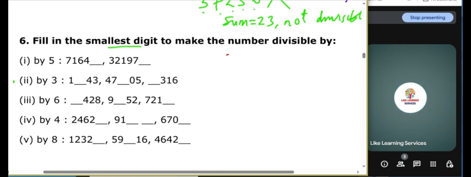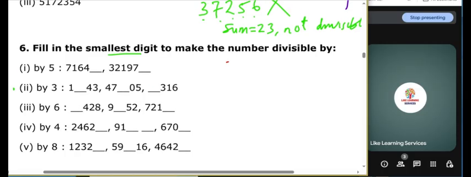Tell me, what must be here to make it divisible by 3 for each of them? 1. Okay, because the sum must be divisible by 3. 1 plus 4 is 5, plus 3 is 8, that's why I said 1. So 1 is correct.